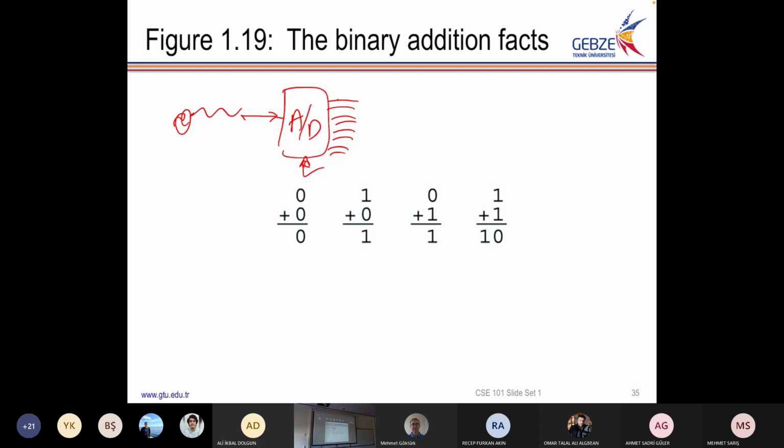So the analog to digital converter gives numbers. Whenever you give a pulse from here, so you give 44,000 pulses per second from here, and it gives out 44,000 measurements per second for the sound.